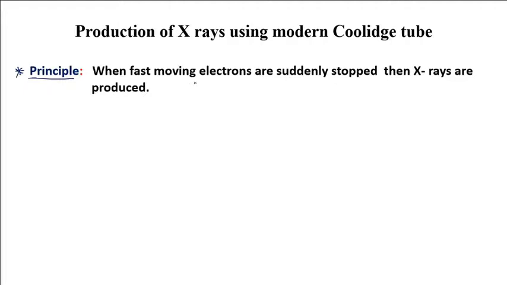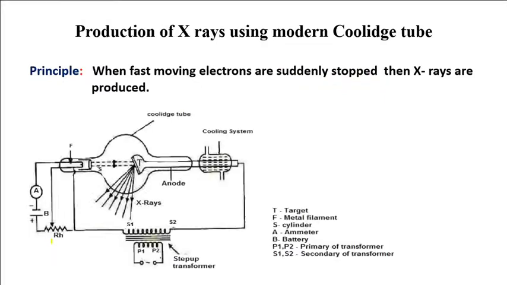When fast moving electrons are suddenly stopped by a target, then X-rays are produced. So this is the principle of production of X-rays.